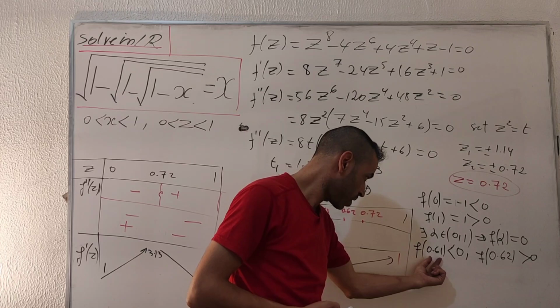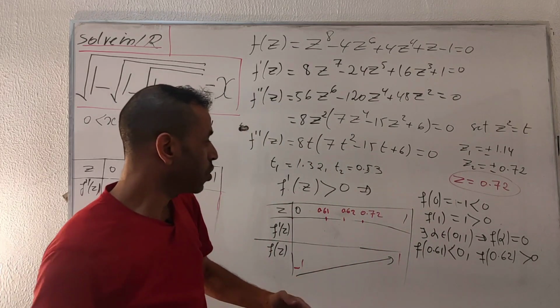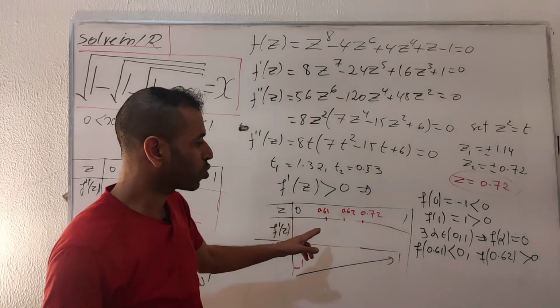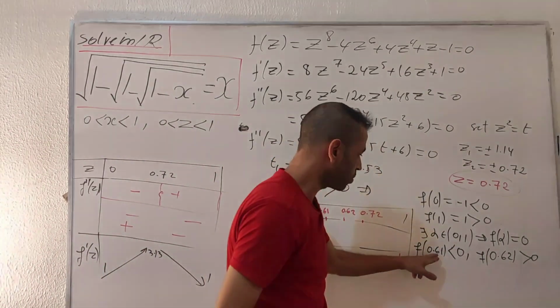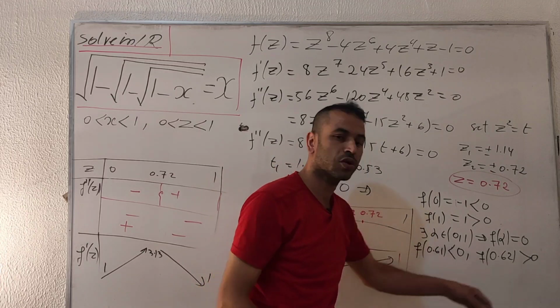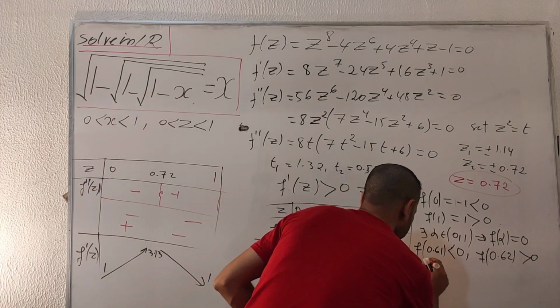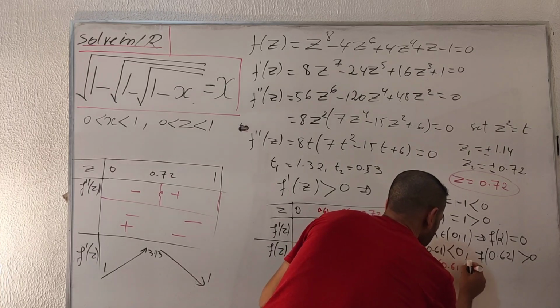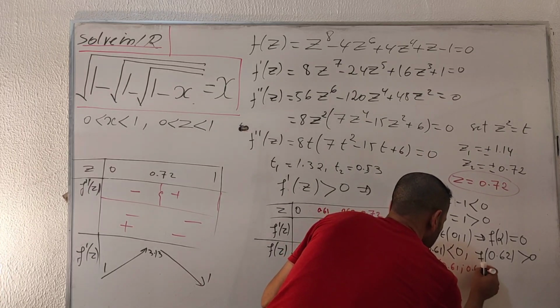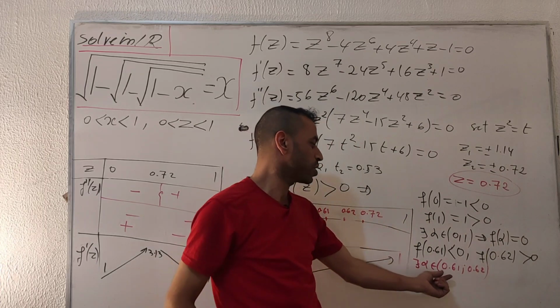But this one is negative, and this one is positive, which means our function is going to cross the x-axis at some point between 0.61 and 0.62. So there exists alpha belonging to this interval 0.61 and 0.62, but not including 0.61 and 0.62.